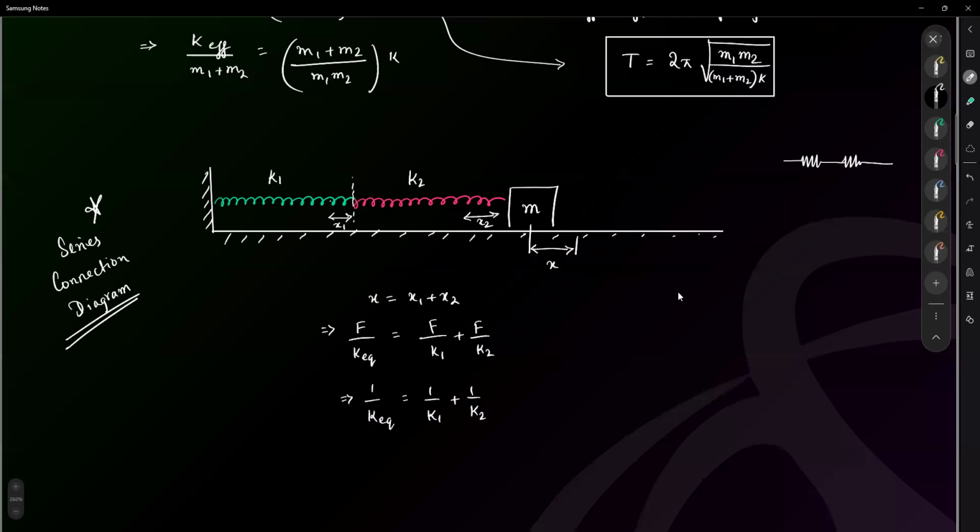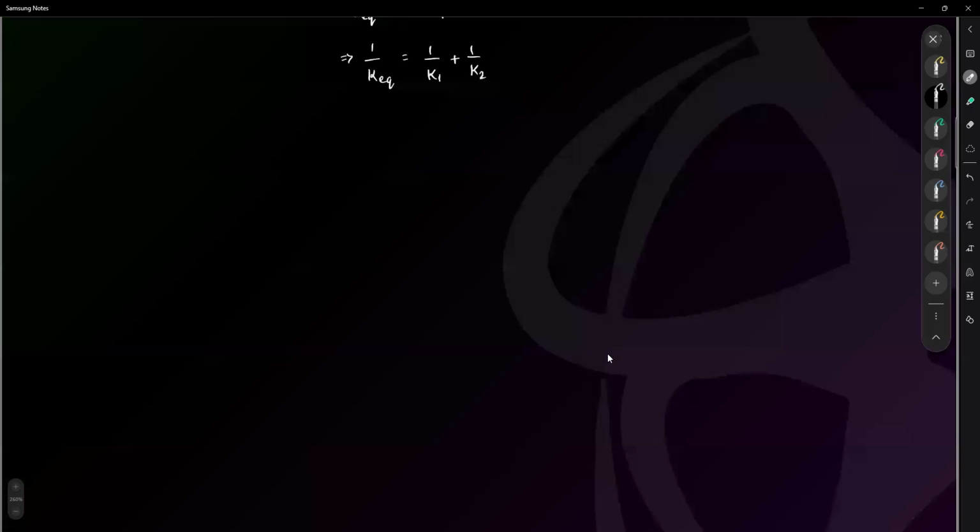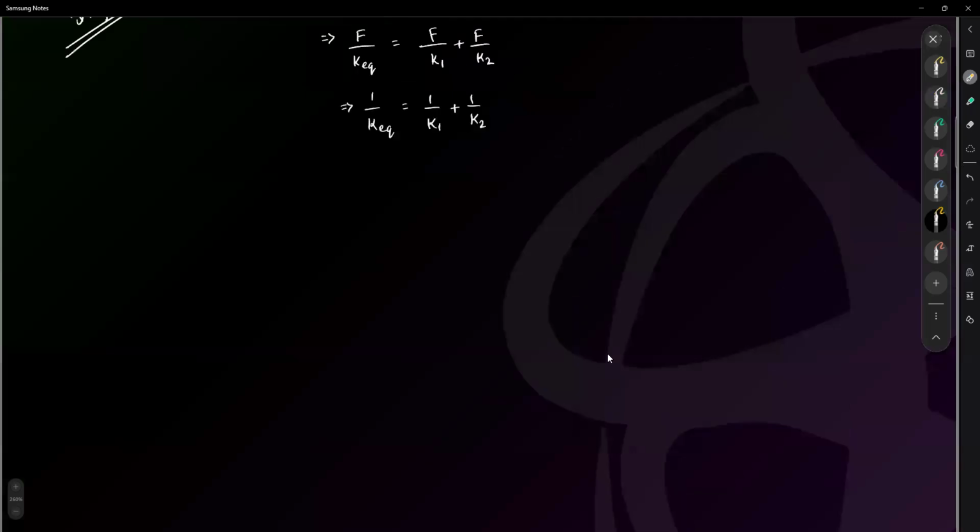That means for a general case, for series, 1 by K equivalent is equal to summation of i equals 1 to N of 1 by Ki.